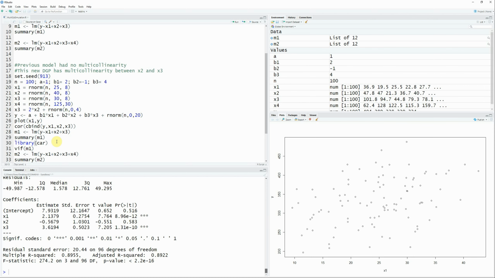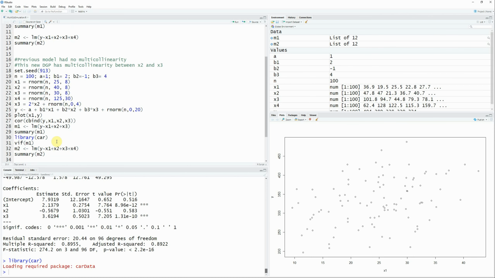That's the library that we installed. Now we can call it, and there's this function, the variance inflation factor function. We're not going to talk about the formula of it, but what it does in practice is it kicks right-hand side variables out one by one and measures how much variation in your whole model was changed because of that.